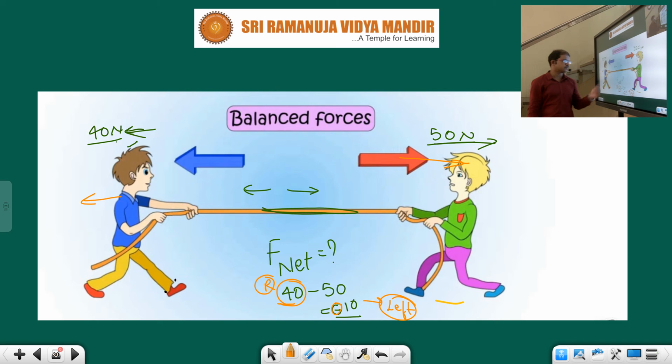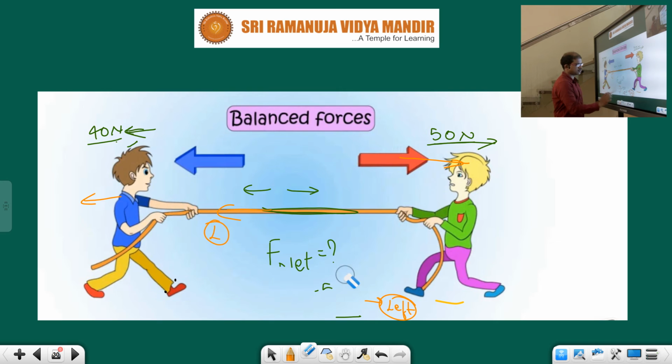In the upcoming classes, like 9th, 10th and 11th class, you need to use mathematical analysis only in order to identify the direction. There it will be useful. Simple. When you are writing 40 minus 50, we are assuming the rope is moving leftwards, towards this boy. Took reverse here.